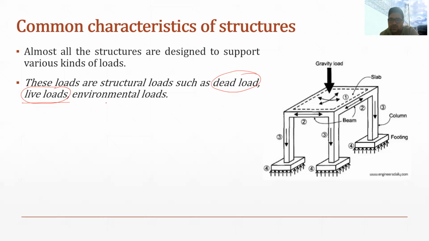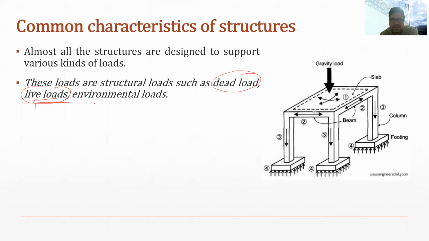In that case, the load of the traffic will be live, and we are designing our structure to resist that live load. So live load is basically a moving load. It is not stationary, and also it is not certain. Similarly, if we take an example of a residential building, all the people who live in the building, the load of those people will be a live load.